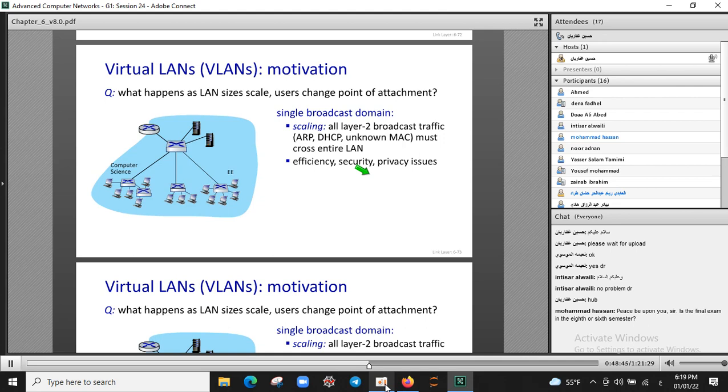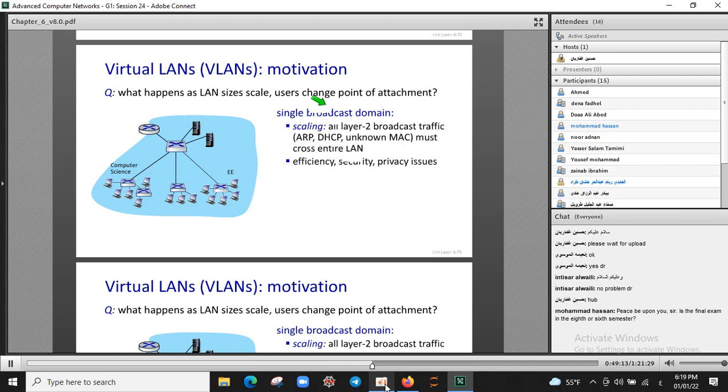We have something in the network, we call it a broadcast domain. A broadcast domain is a domain that if I send some broadcast information, all the hosts inside that broadcast domain will receive that information. I'm broadcasting some information.